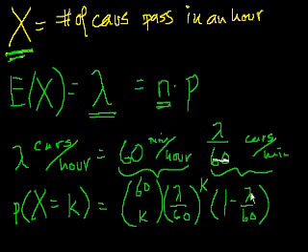If we have k successes, we have to have 60 minus k failures. There were 60 minus k minutes where no car passed.